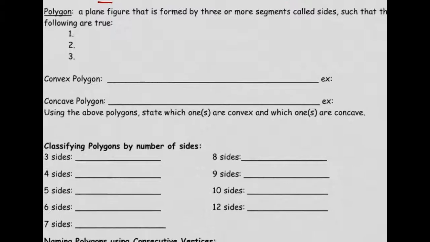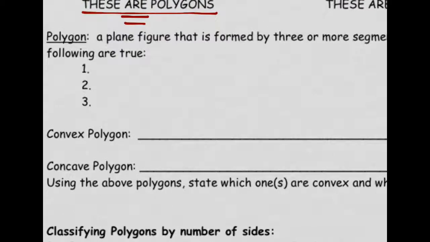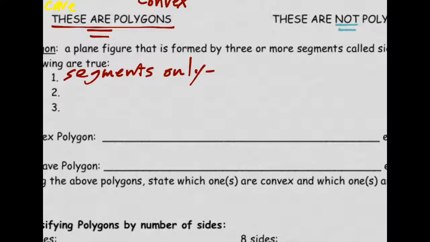So let's put this in our little bullet points here. Polygon: a plane figure that is formed by three or more segments called sides, such that the following are true. Number one, formed by line segments only. No curves allowed. Number two, it's got to be a closed figure.